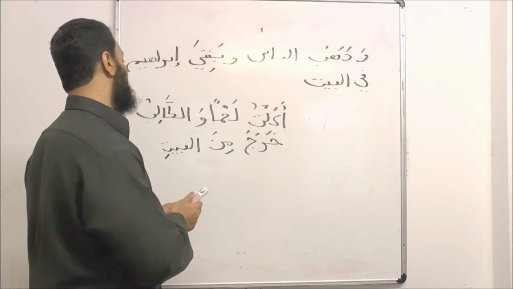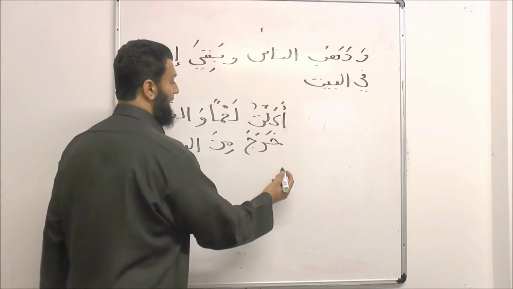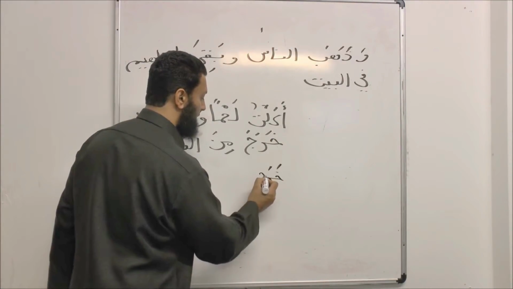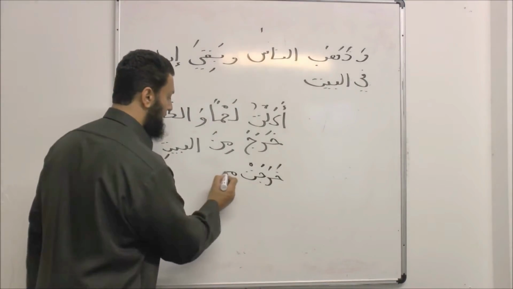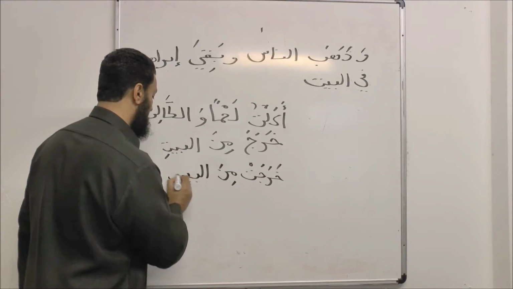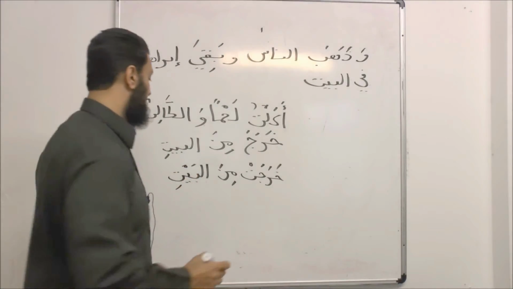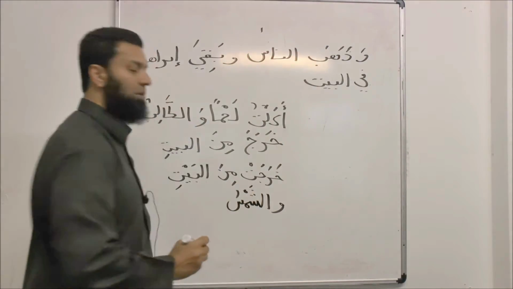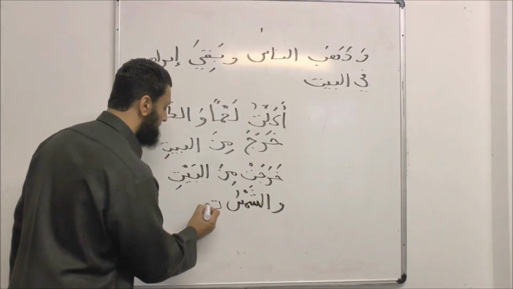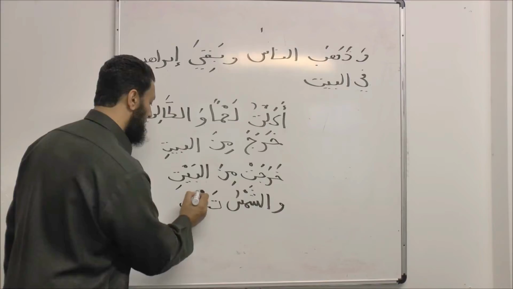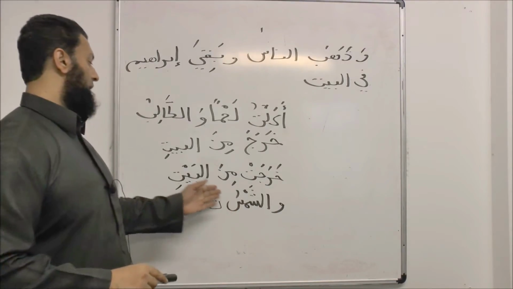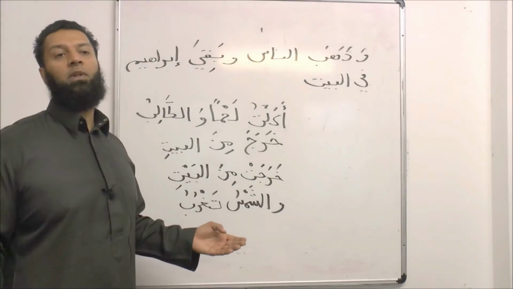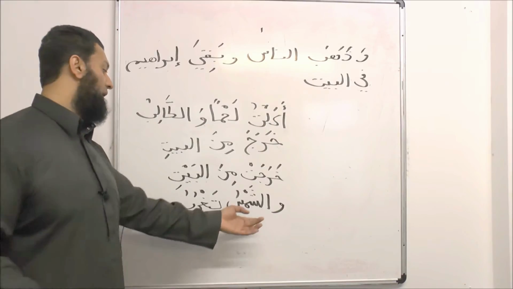A more simple example is: خرجت من البيت والشمس تغرب. خرجت من البيت means I exited from the house. والشمس تغرب, the sun is setting.